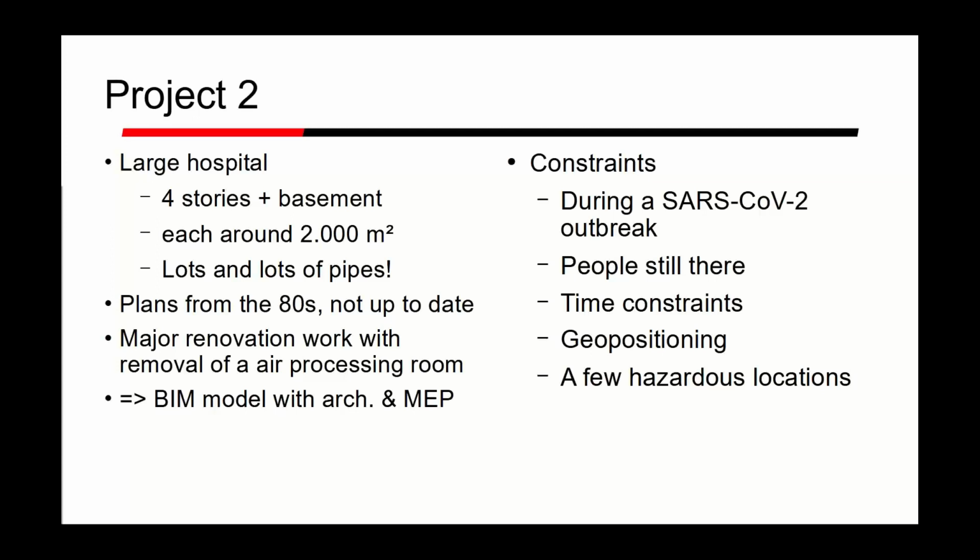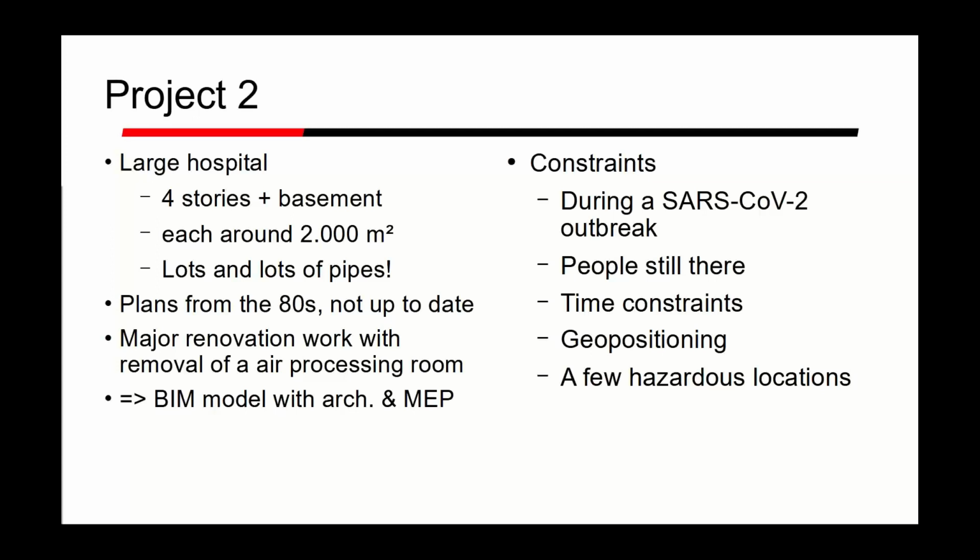They have plans, but they are from the 80s, so they are not up to date. And they want to do a major renovation, including the removal of an air processing room. So before removing it, they need to know which duct is going where, which pipe is going to which place, and they don't have a very good plan of that.